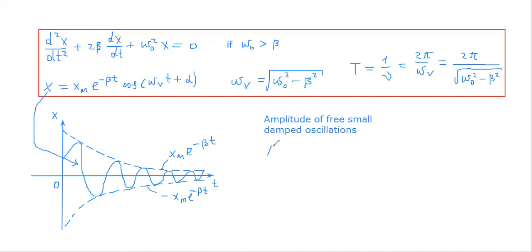It can be written as A, a function of time, and this is equal to xm, the maximum initial value of coordinate, multiplied by e to the power of minus beta t.